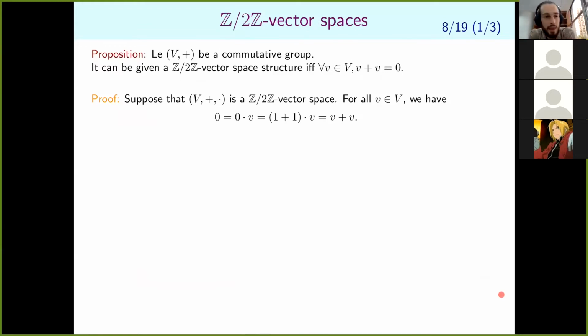A last thing, we won't consider, as you may have done before, vector spaces over the field R or C. We will consider vector spaces over the finite group Z over 2Z.